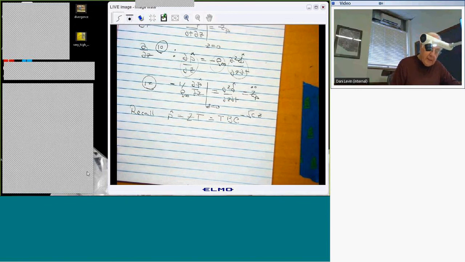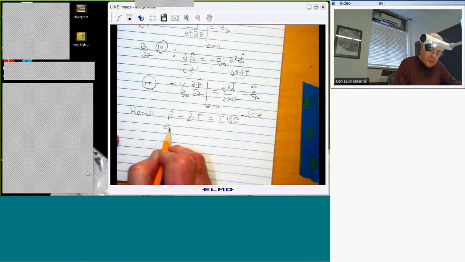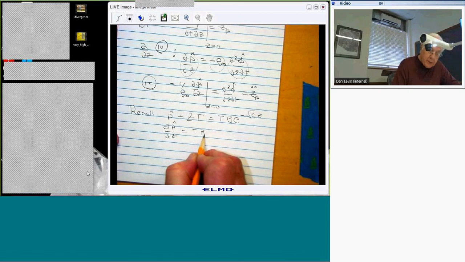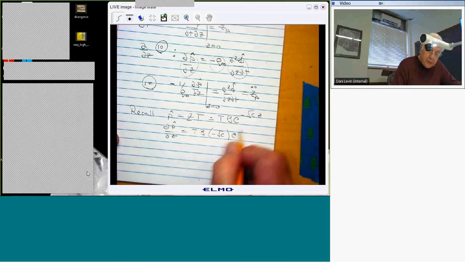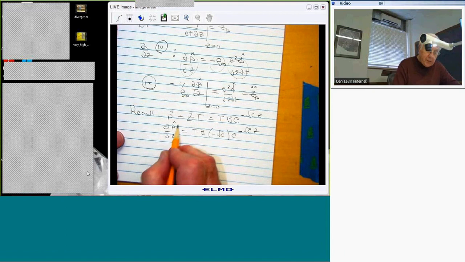And now I need to differentiate this with respect to z. So that's t b times minus the square root of c times e to the minus square root of c times z, right? But for the boundary condition application, I can set z equals 0.